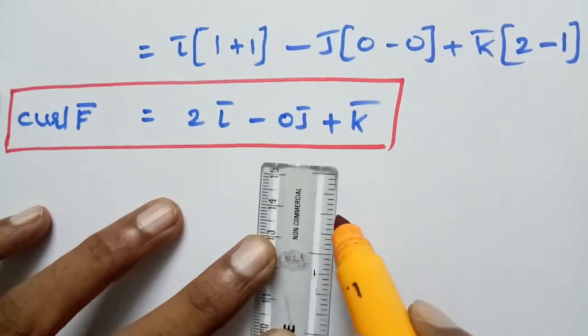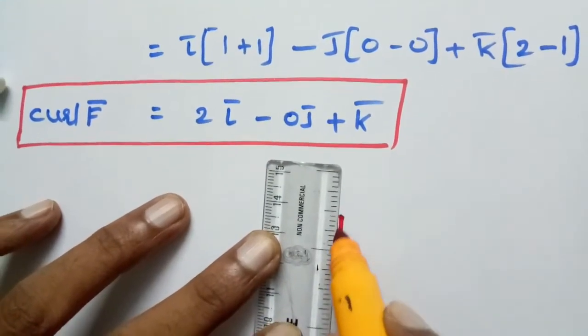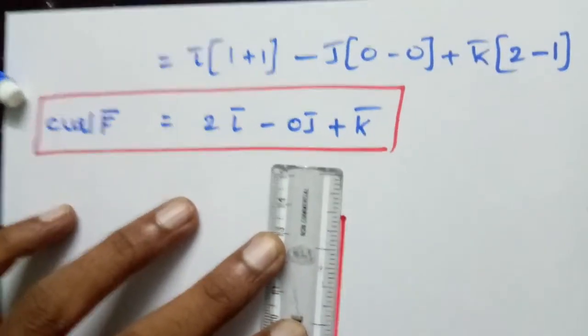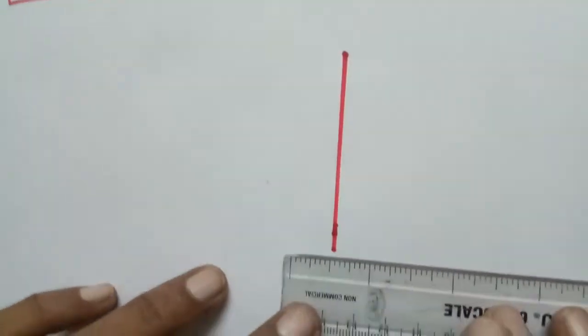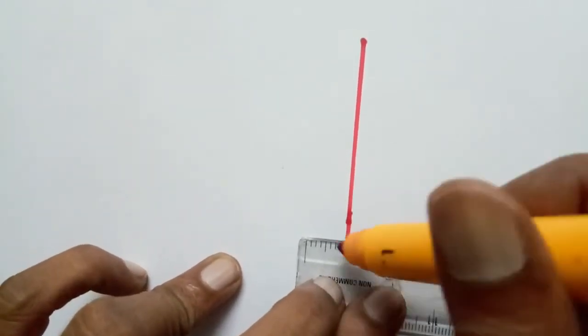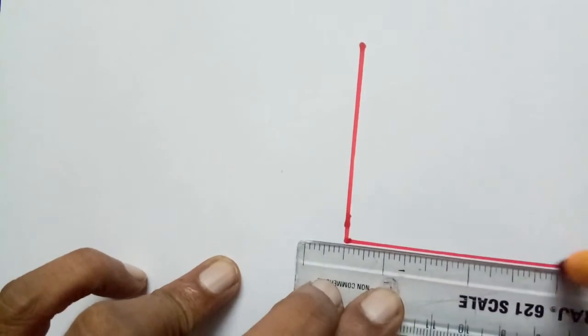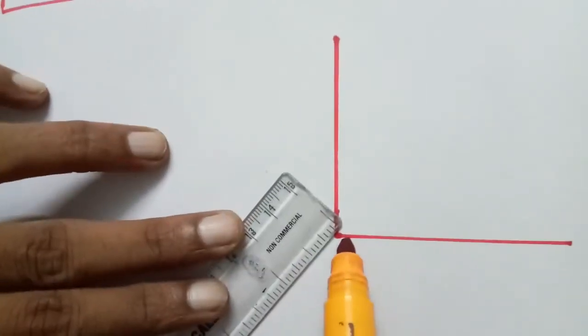Now we are drawing the triangle with the z-axis, y-axis and x-axis.